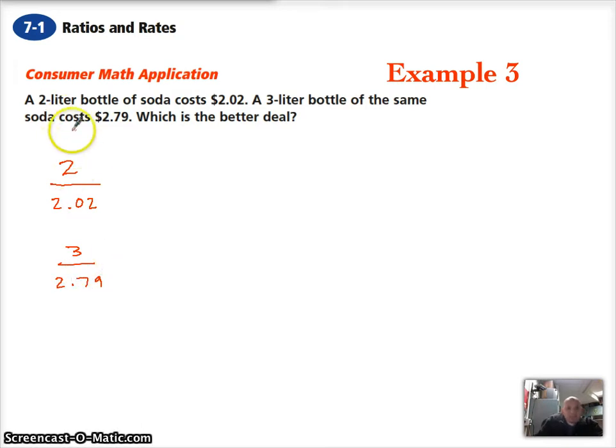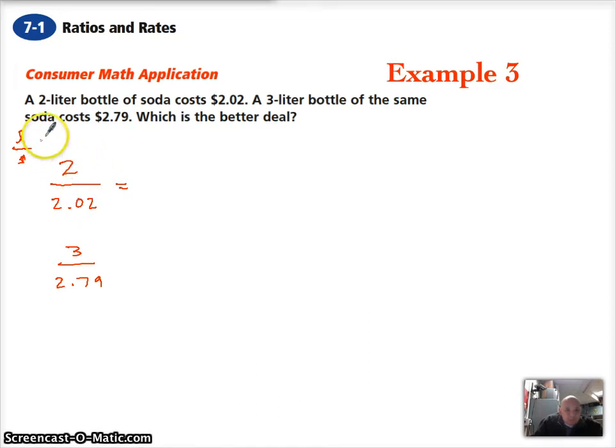Notice that when I'm comparing these things, I have to have the same units in the same order. So I've got liters on top, in this case 2 liters, 3 liters, and then I've got dollars on the bottom. Okay.